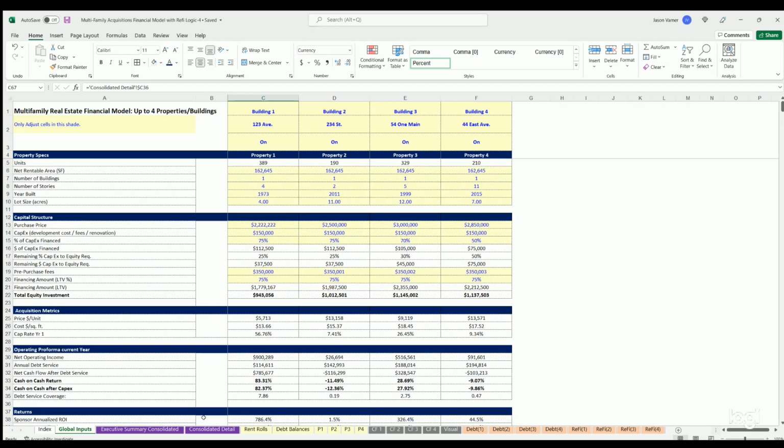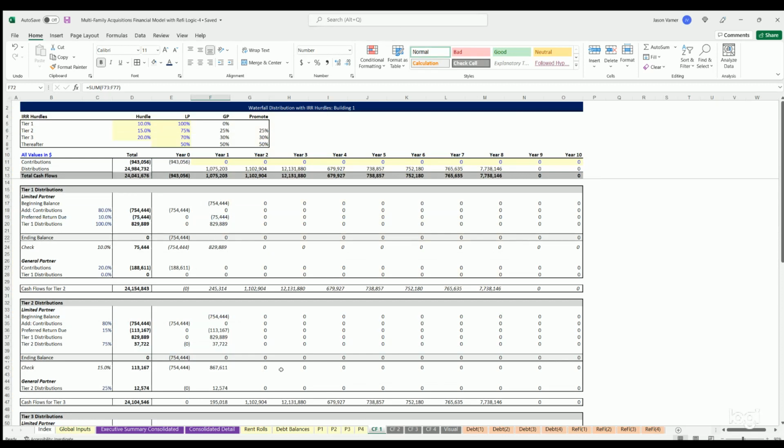Okay, so that's that. We also have, so this is the waterfall distribution. It just allows you to define hurdle rates, and up to each internal rate of return achieved by the LP, they'll get different splits. So as the IRR rises for the LP, this is essentially saying they're willing to give up some of the cash flow based on this schedule.